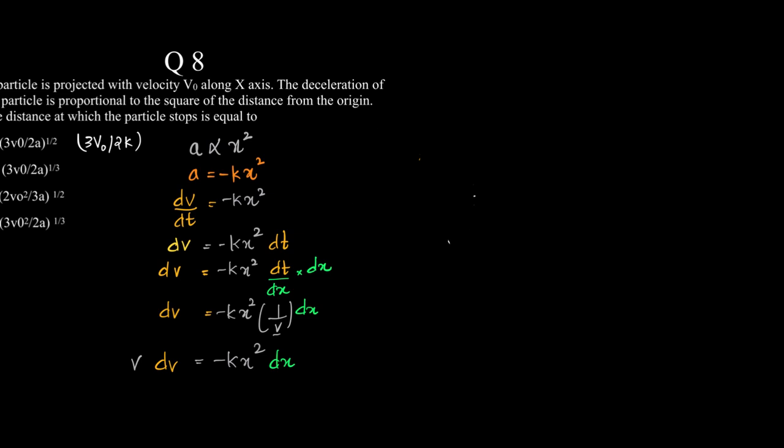So I'll rewrite this equation again, which is v dv is equal to minus k x square times dx. Now what I'll do is I'll integrate on both sides.